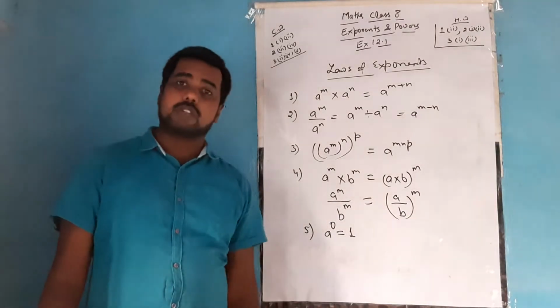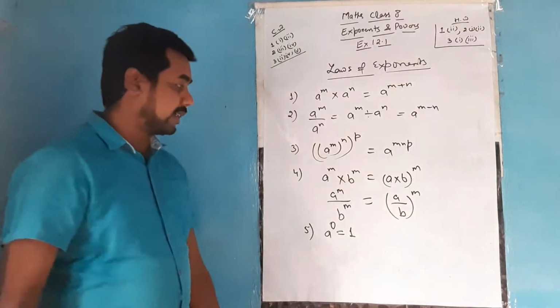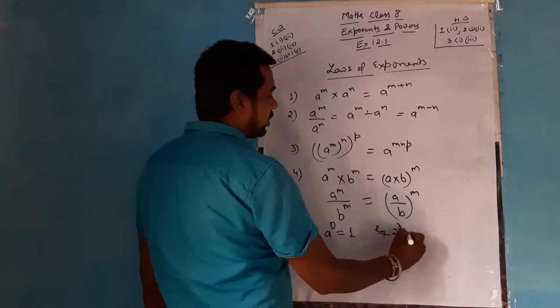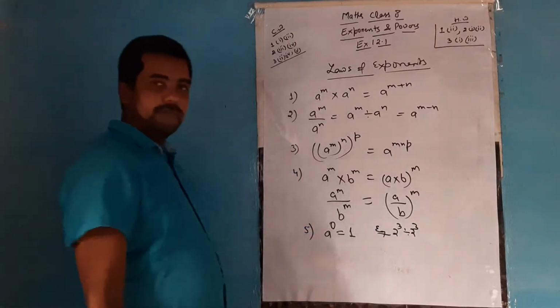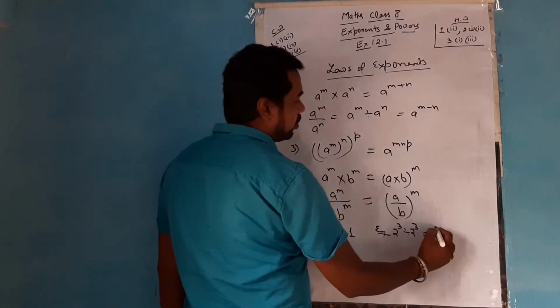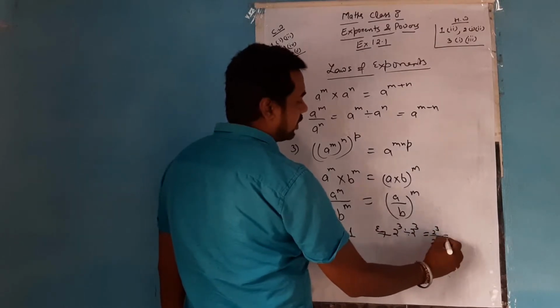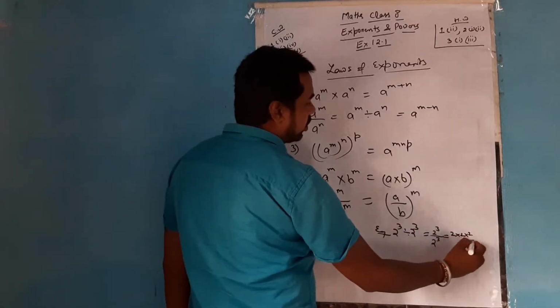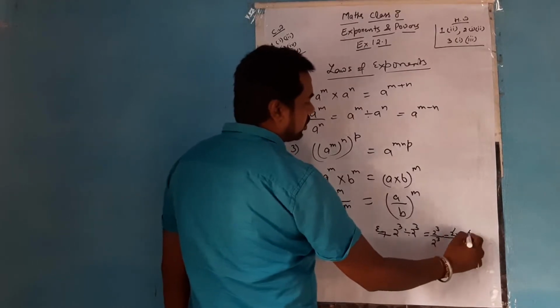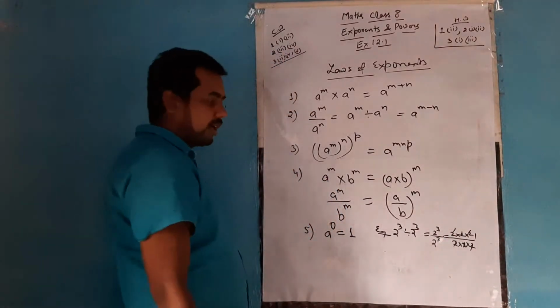Fifth law says that any number to the power 0 is always 1. Why is this 1? One important example is also there based on it. Suppose we need to divide 2 power 3 divided by 2 power 3. If you go according to the law, that becomes 2 power 3 divided by 2 power 3, that becomes 2 into 2 into 2 upon 2 into 2 into 2. All 2's are cancelled, you are left with 1 only.